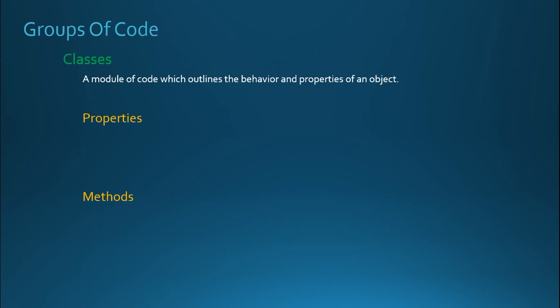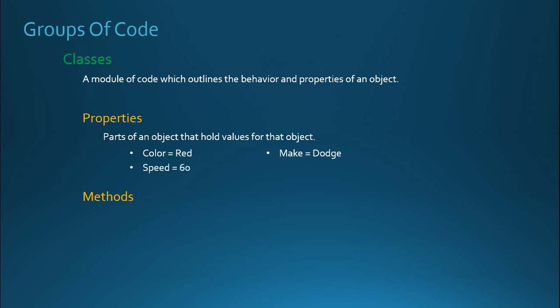Now classes are going to have properties and methods. Properties are the parts of the object that hold values for that object. For example, for a car, let's say the color of the car is red, the make of the car is a Dodge, the speed of the car is 60, and the automatic transmission for the car is false. In other words, it doesn't have an automatic transmission.